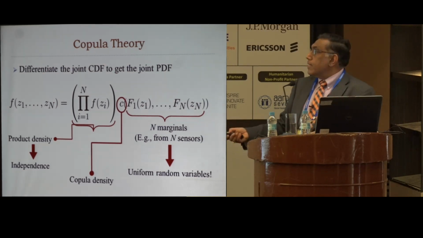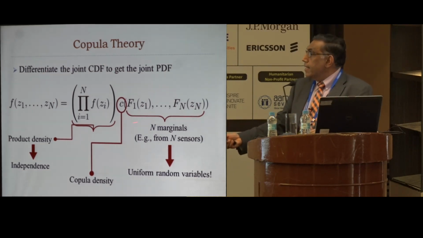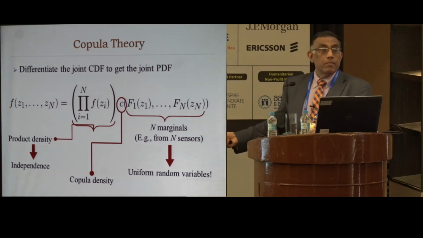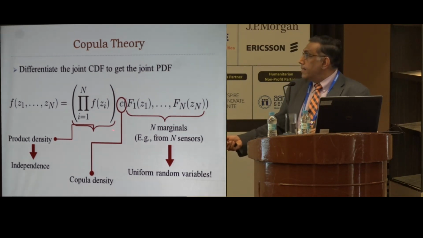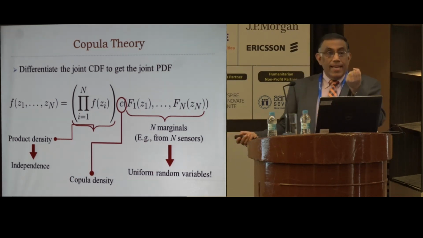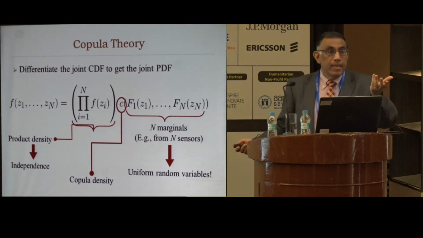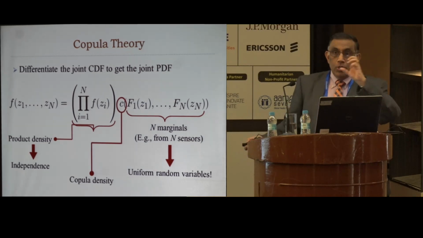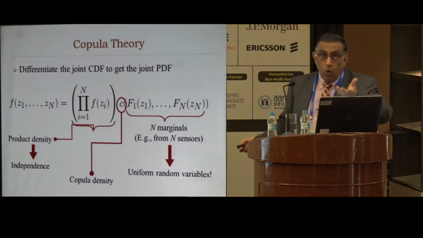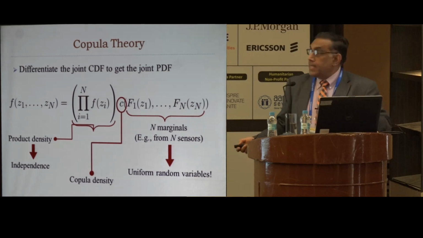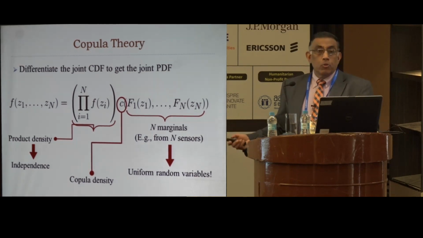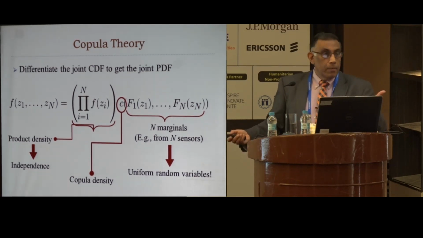But based on Sklar's theorem, there is another term which is called the copula density, and this is the one that characterizes the dependence among the random variables. This is quite a convenient form, in that if you assume the copula density C to be 1, then you get independence.